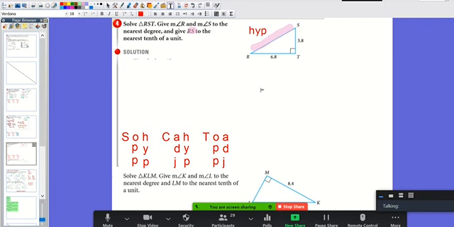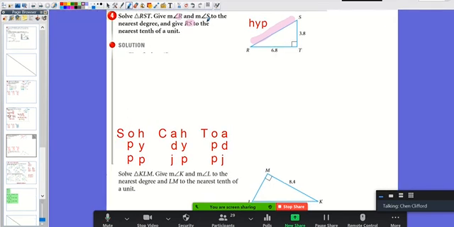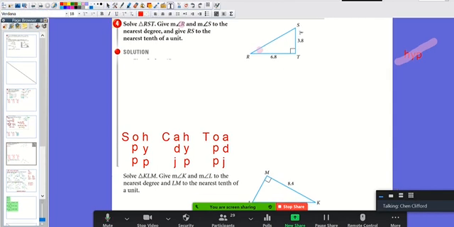Now, oh, whoops, sorry. It's starting with angle R. Okay, it's starting with angle R. Okay, right over here, 3.8 is called opposite.